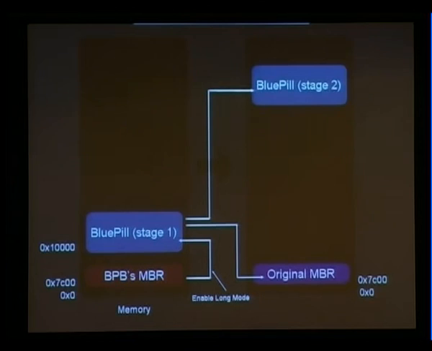It gets the memory layout, finds some free space that it can occupy, copies itself there, relocates everything that needs to be relocated, and then copies the original MBR stored on sector 1 of the real hard disk to the memory at address 7C00, just to emulate the BIOS behavior.